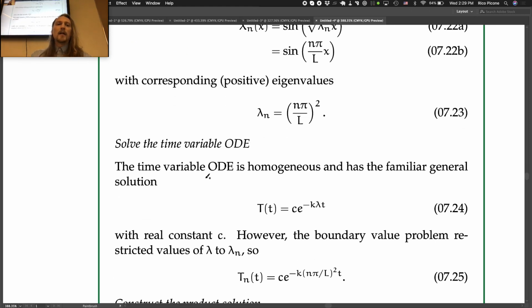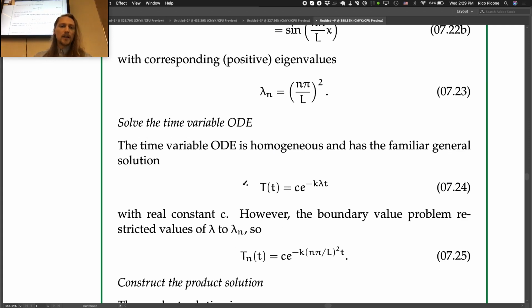Now we can solve the time variable ODE. The time variable ODE is homogeneous and has the familiar general solution. It's just a first order ODE, right? You can integrate it if you want or use any technique of your liking, with real constant c. So it's just the exponential here. However, the boundary value problem restricts values of lambda to lambda n, right?